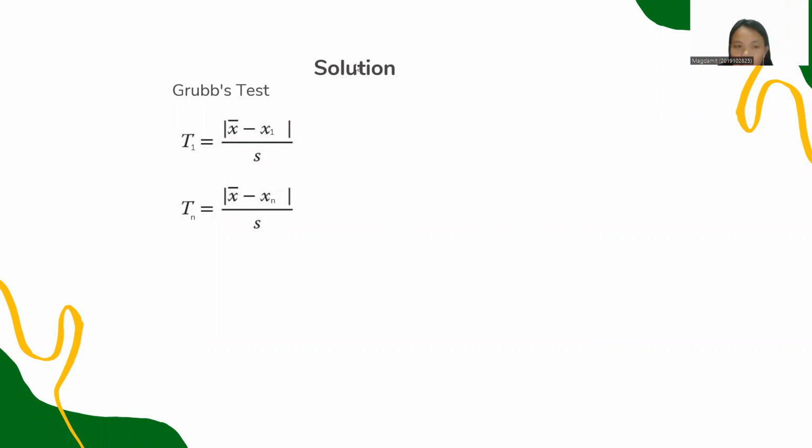So for T1, the numerator is the difference between the mean and the first term, while the denominator is the standard deviation. As for Tn, instead of getting the difference between the mean and the first term, we will get the difference between the mean and the last term.